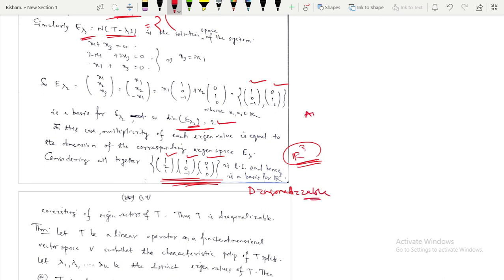Here the main thing you have to note is AM should be equal to GM. If an eigenvalue is repeated k times, you have to find its k corresponding eigenvectors. If this is satisfied, then it will be diagonalizable.